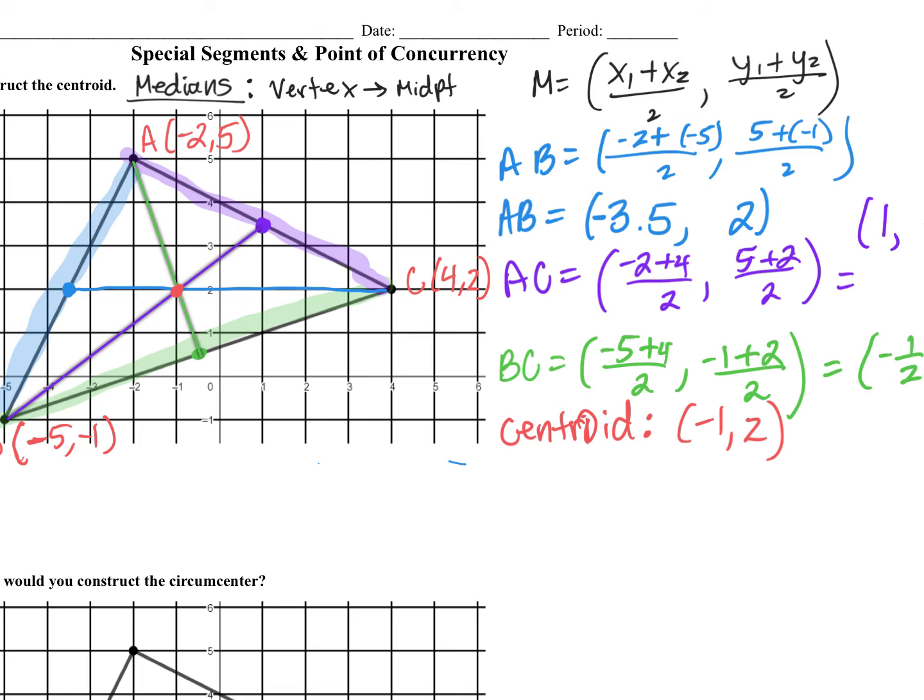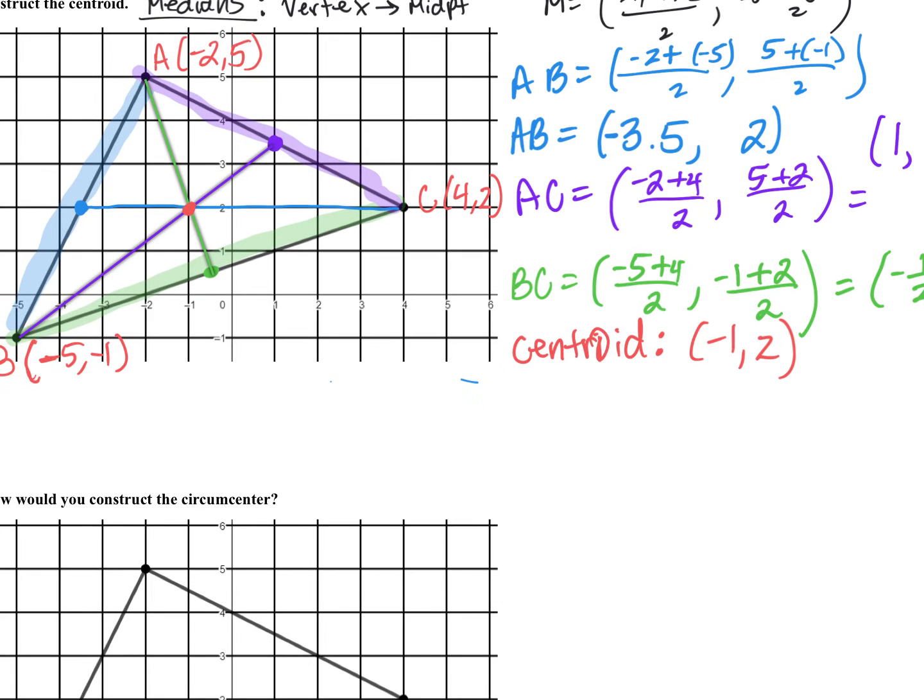And if you guys recall back in our notes, I gave you guys a fun little fact, and that fun little fact is that if you take the average of all 3 x coordinate points of the triangle and the average of all the y coordinate points, it will give you the exact coordinate of the centroid. So let's do that. In order to find the coordinate point of x, I need to get all the x coordinate points.